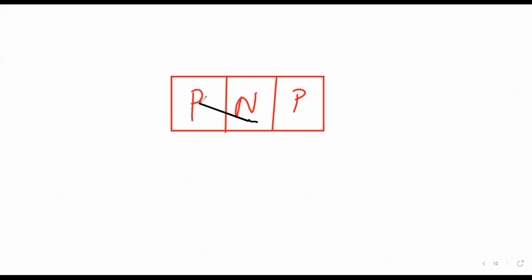Holes. There will be a lot of holes. Positive side. N in the sense electrons will be more, so negative charges.